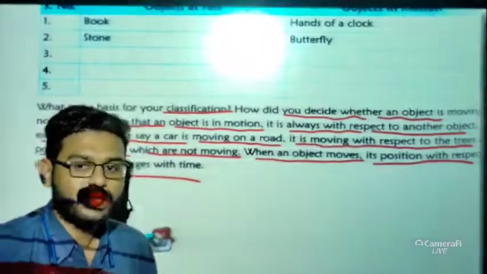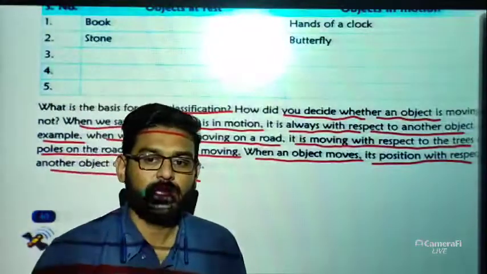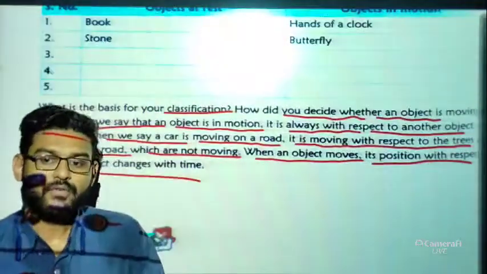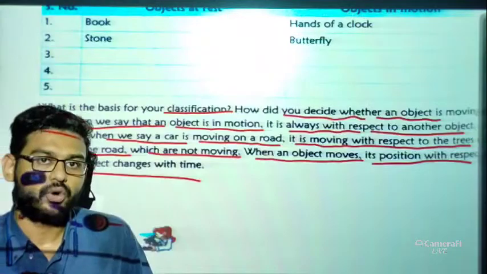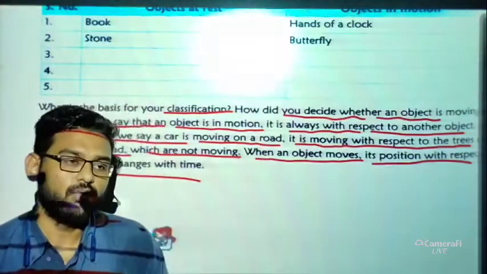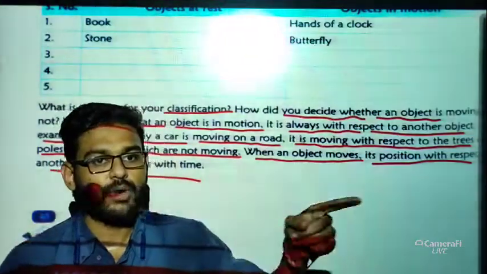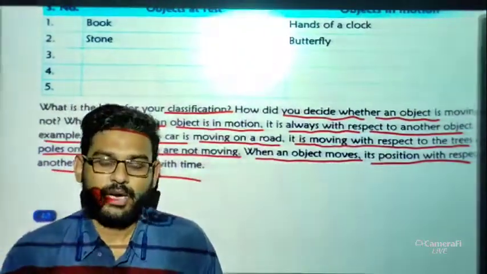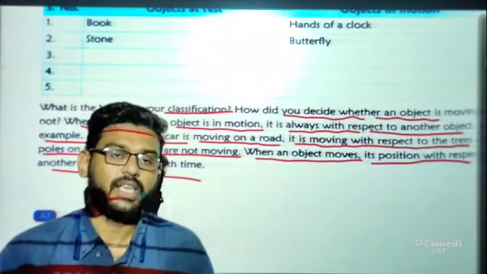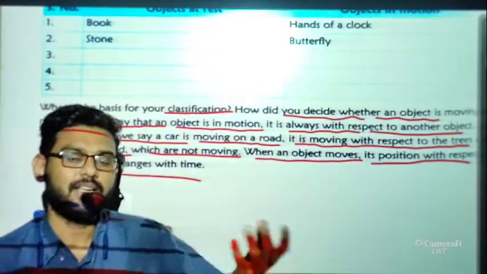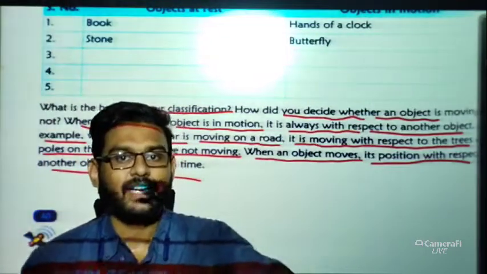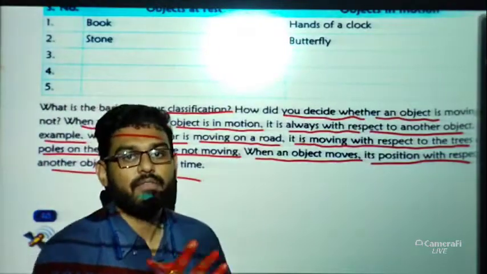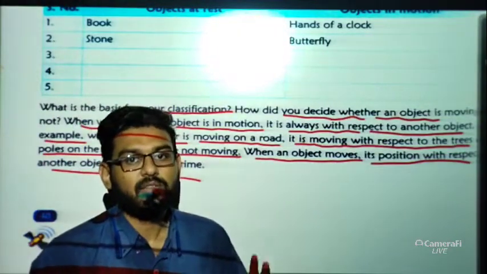Now tell me one thing students. If you and your friend, two of you, are moving in a car on the road, and I see both of you, then I can tell that you are moving in the car. That means you are an object in motion. But when your friend sees you, what will he see? He will say that you are sitting in front of him, which means you are not moving.